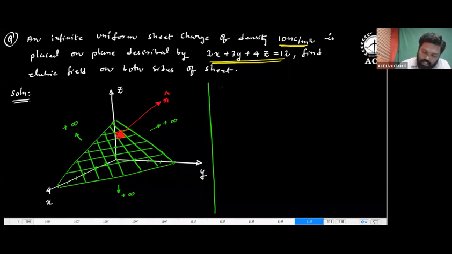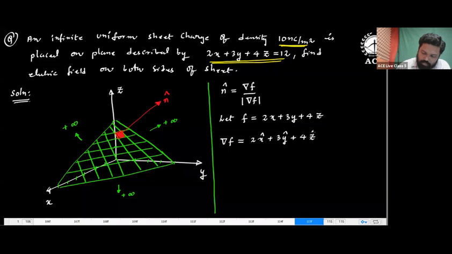So what is the gradient here? The normal direction is the gradient divided by its magnitude. Let me consider a scalar field f equal to 2x plus 3y plus 4z. I'll find the gradient of f. The gradient of f is 2x cap plus 3y cap plus 4z cap. Yes or not? This is the gradient.